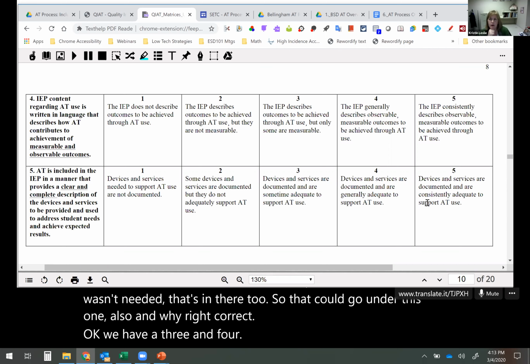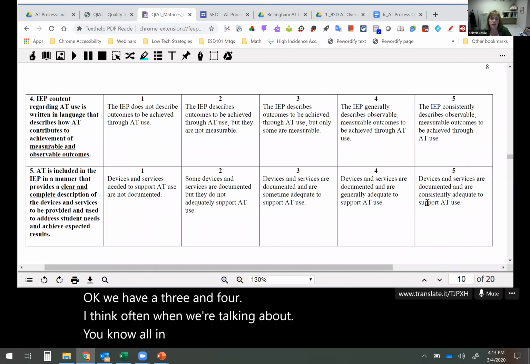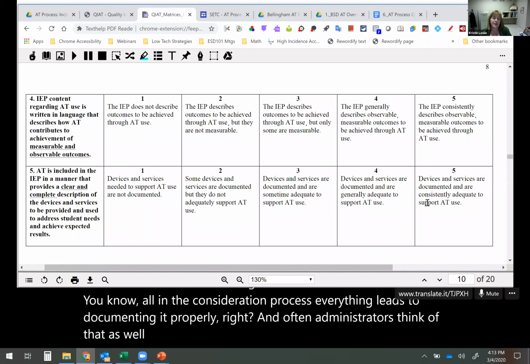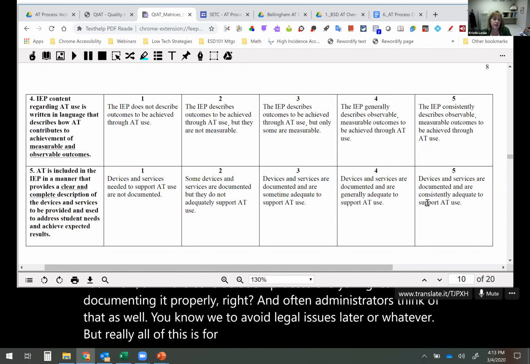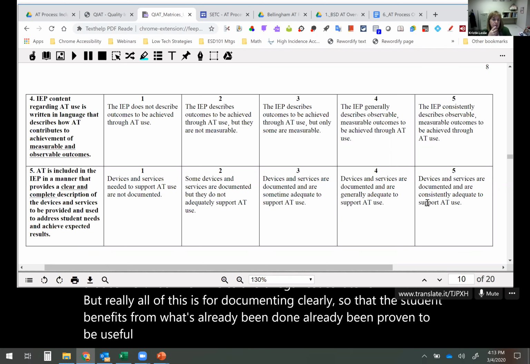I think often when we're talking about all of the consideration process, everything leads to documenting it properly, right? And often administrators think of that as, well, to avoid legal issues later. But really, all of this is for documenting clearly so that the student benefits from what's already been done and already been proven to be useful, so that they can just continue year to year having the assistive technology they need.